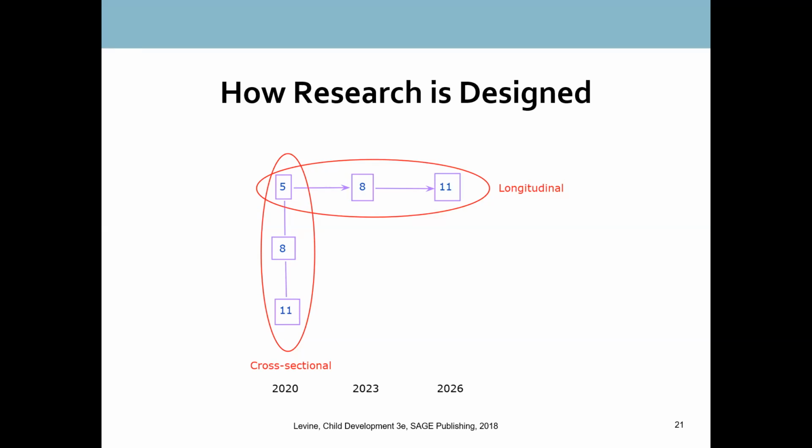whatever particular behavior I'm interested in comparing. And I see how the 8-year-olds are different than the 5-year-olds, and how the 11-year-olds are different from the 8-year-olds. And I do it all at once, so it's much quicker. It saves years of research. But there are potential problems with cross-sectional studies.